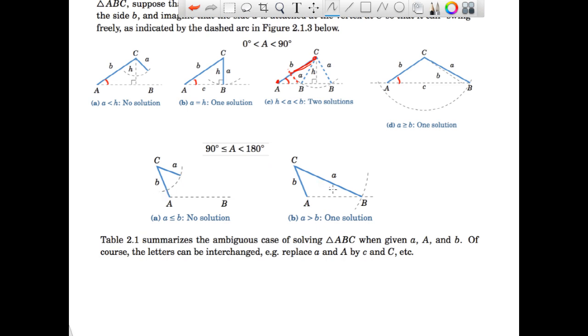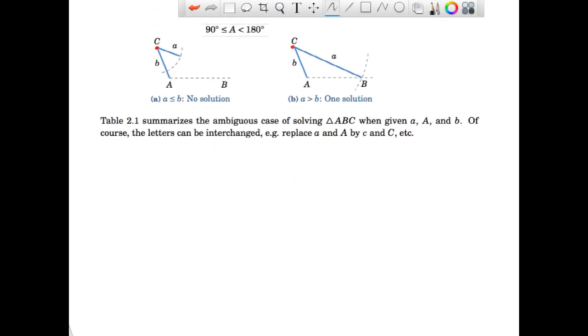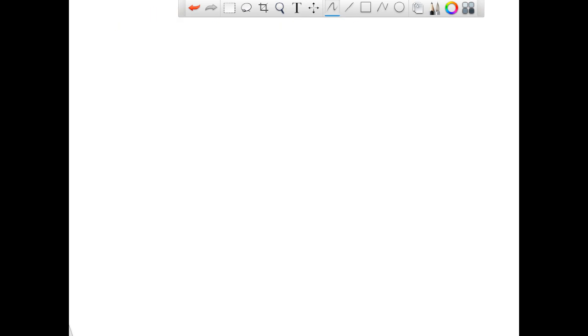So a would have to be significantly longer than b, so that when you swivel it, so imagine again that you're swiveling it with this point sort of here, that you actually get to form a triangle. Okay? So that's sort of where you need to be, or the way that you can picture this. And I believe that's it.